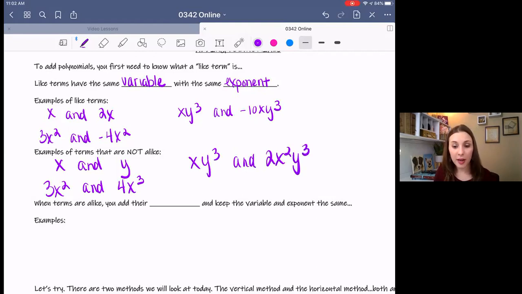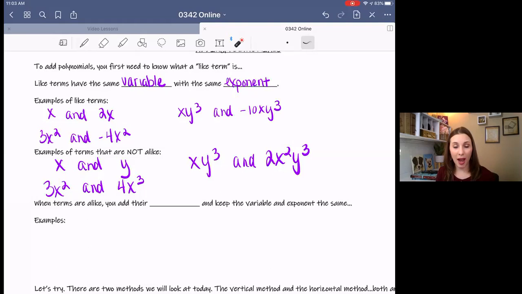Where they're not the same. So while we do have x and y in both of these, their exponents aren't the same. These are, but the x's aren't. So they have to be the exact same for them to be alike.